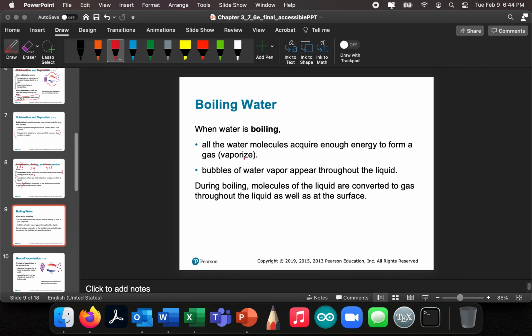Now, when water is boiling, all the water molecules acquire enough energy to form gas. All of them do, and that's why I'm really more interested in this, okay? Bubbles of vapor appear throughout the liquid, and you've seen it. You get a rolling boil, and you'll see bubbles coming out because the molecules of the liquid are converted to gas throughout the liquid as well as at its surface.